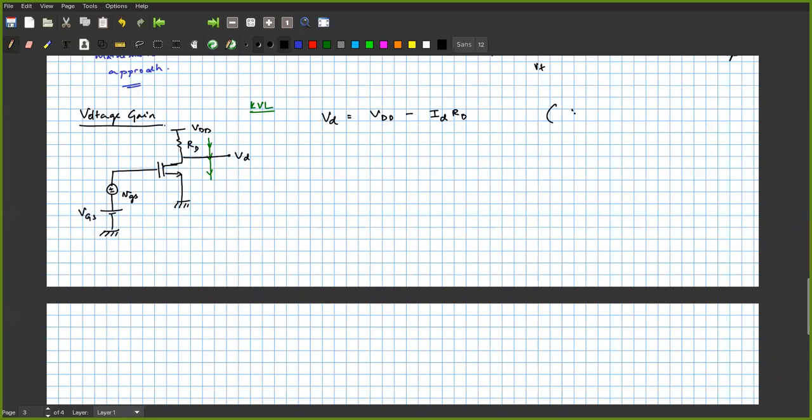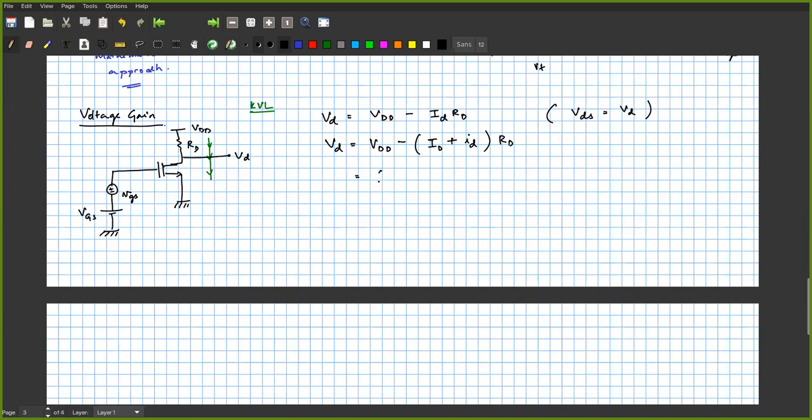Remember here, VDS is same as VD because the source is ground. Some terms I want to add here. ID, I will write it as bias drain current plus instantaneous drain current due to the source input signal, into RD.